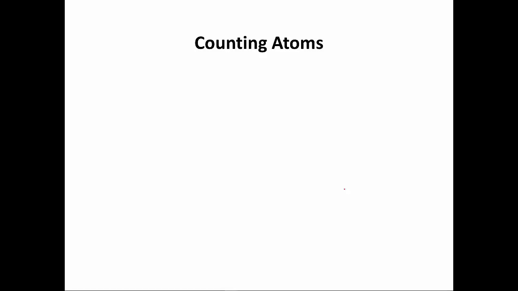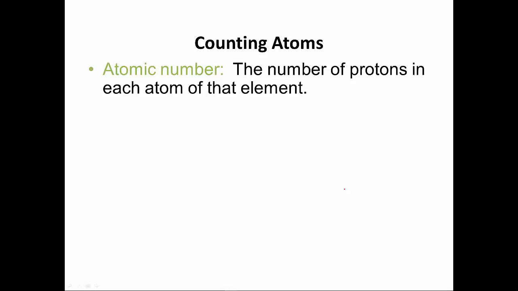This is almost true. The number of protons defines the identity of the element. Every atom of oxygen, for example, has exactly 8 protons, no more, no less. If it had 7 protons, it would be an atom of nitrogen instead. The number of protons in an atom of an element is known as the atomic number.